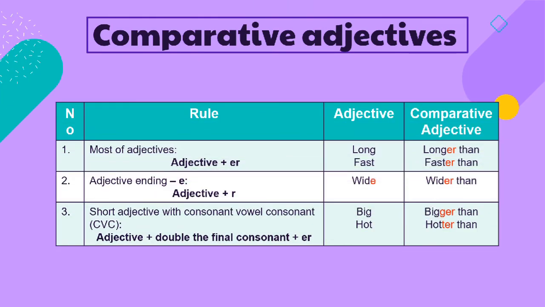But for the rule itself, the adjective plus R or ER that I explained before, it has rules. There are 3 rules. Can you help me to read together? For most of the adjectives, nah, kebanyakan adjective, you just put ER at the end of the adjective.